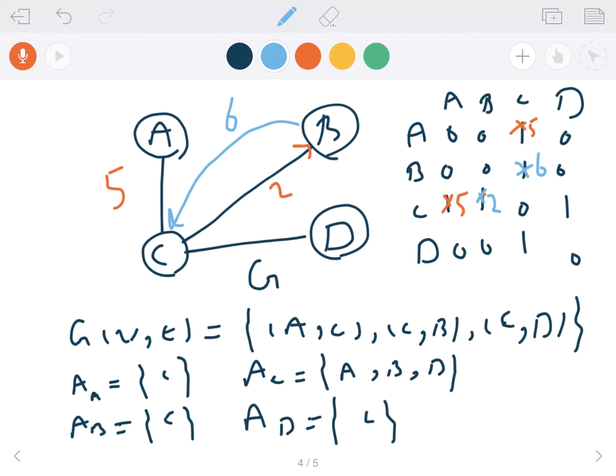Here we are going to put 0, which means that there is no edge from A to B. A to C is equal to 5, which says that the cost of going from A to C is 5. Also C to A is equal to 5. But C to B, as we said, is equal to 2, and B to C is equal to 6. So that's another way of showing the graph using an adjacency matrix.